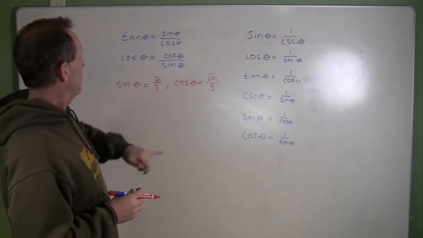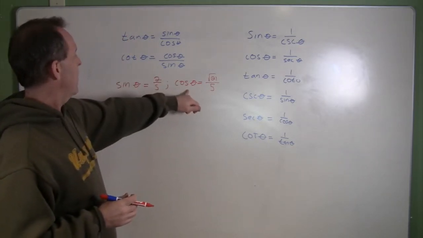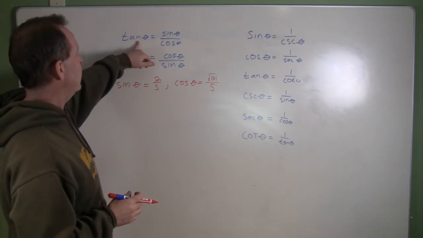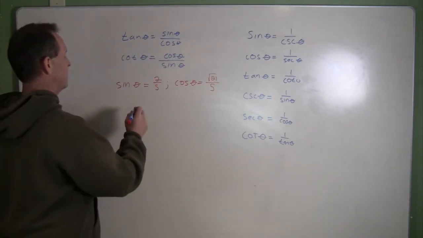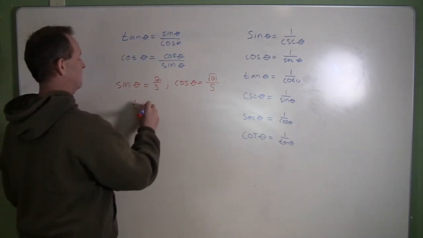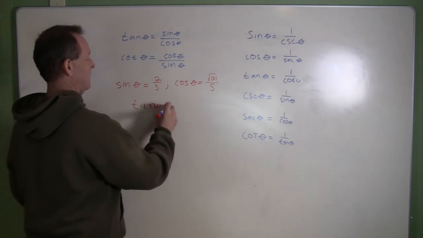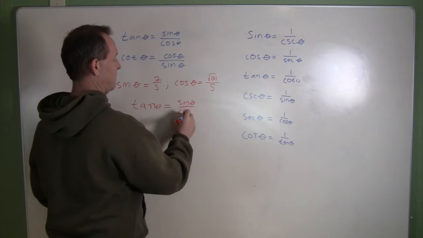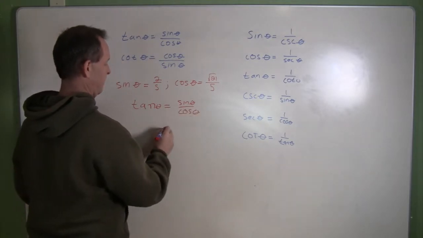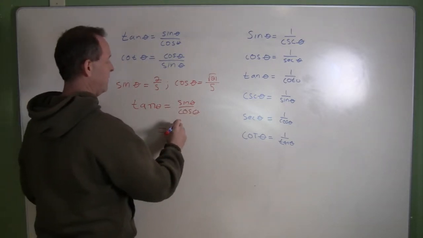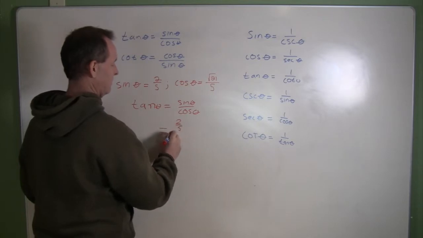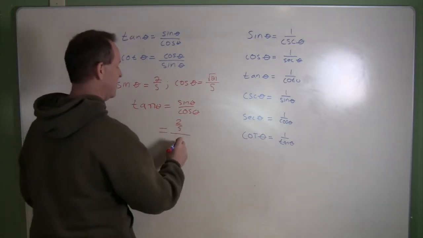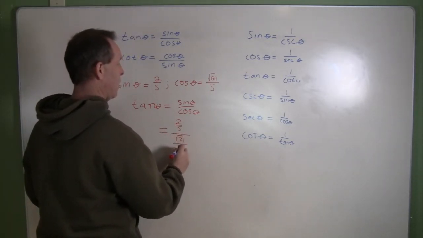So I have sine over cosine, a quotient identity for tangent of theta. Tangent of theta equals sine theta over cosine theta. I know the sine of theta is 2/5. Cosine of theta is root 21 over 5.